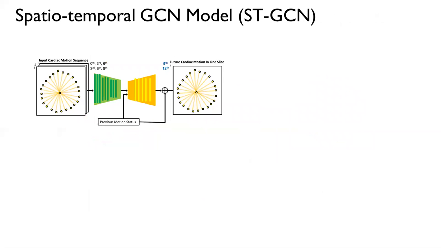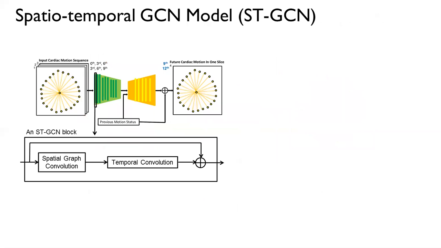Let us zoom in on the STGCM block. It includes a spatial graph convolution and then a temporal convolution, which extracts spatial and temporal features respectively.